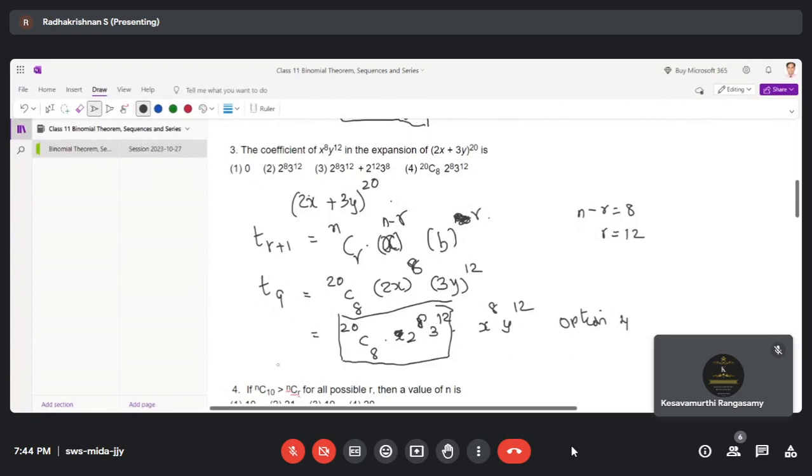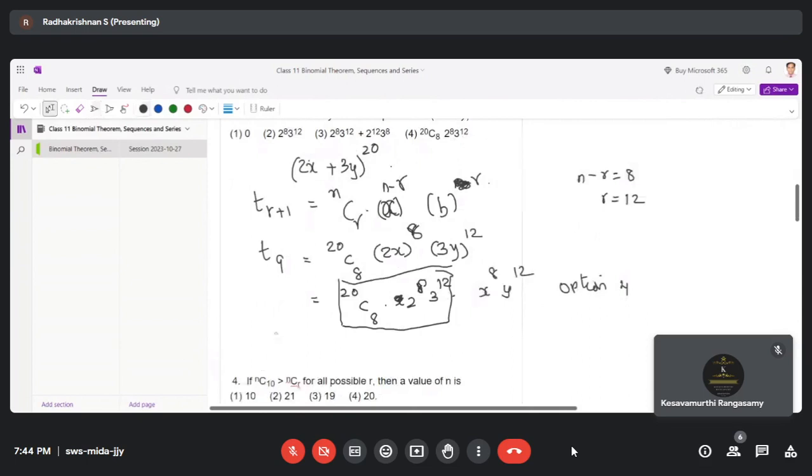So T13, we should have written like this. So that's the correct formula. You will get the same result anyway. So 20C12 will come. But 20C12 is equal to 20C8, because we know that nCr equals nC(n minus r).